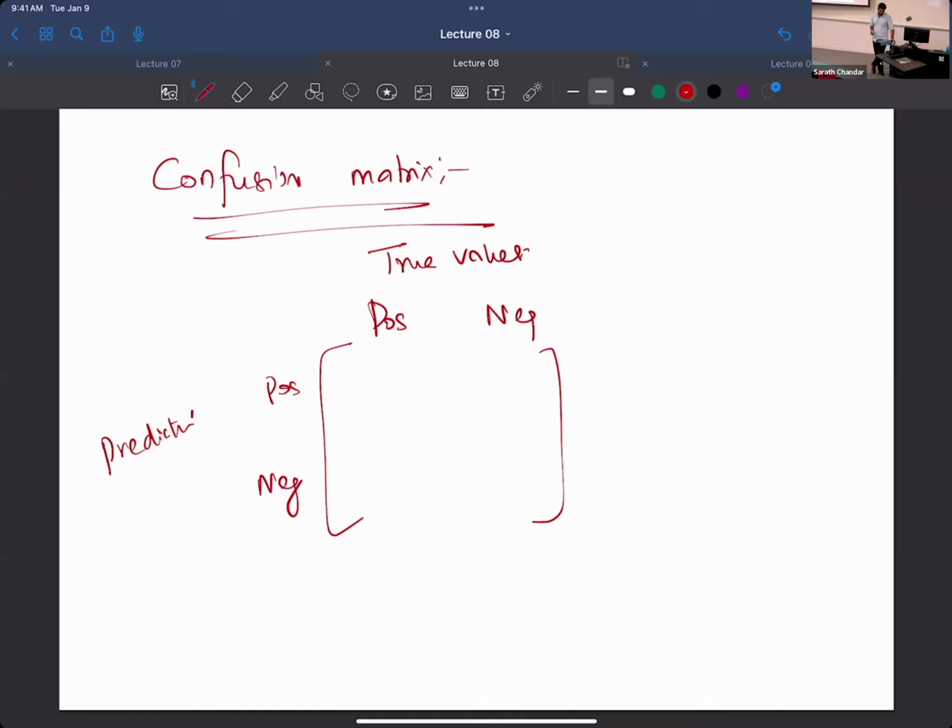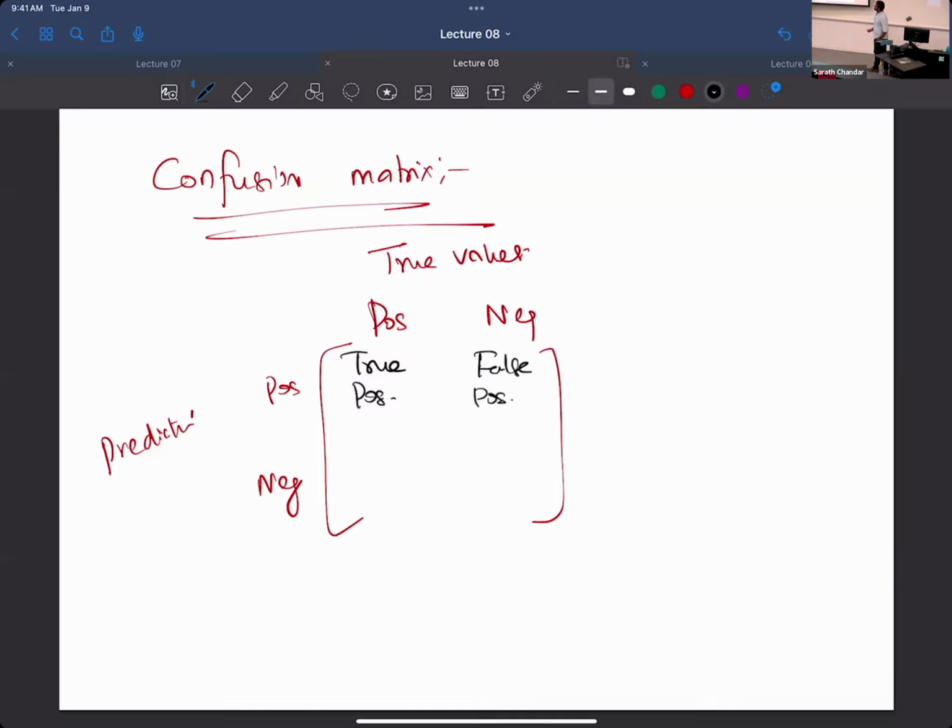So what are these values? When the class is positive and the model is also predicting the class to be positive, we are going to call that true positive. When the class is negative and the model is classifying it as positive, the model is falsely classifying something as positive, so we're going to call this false positive.